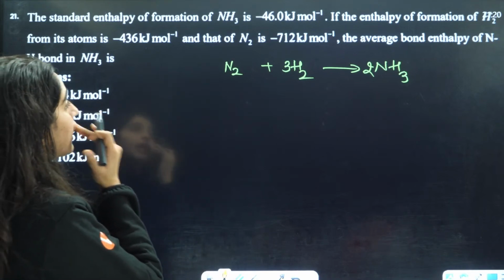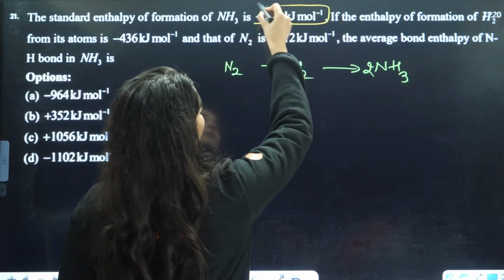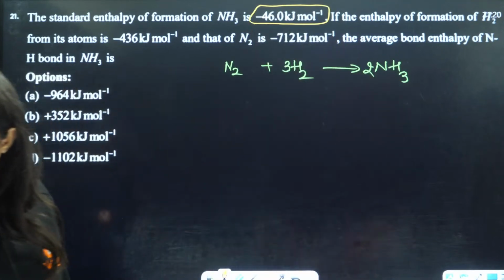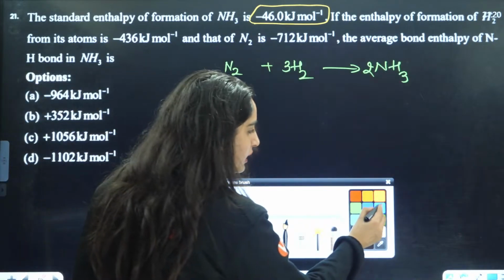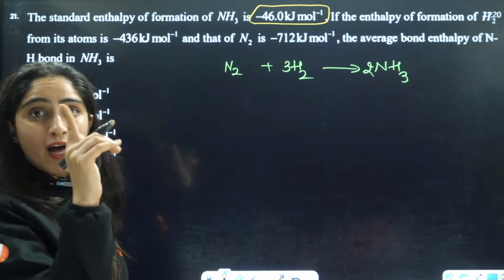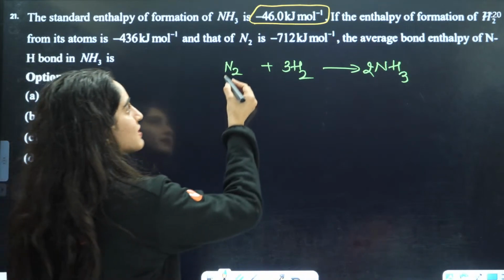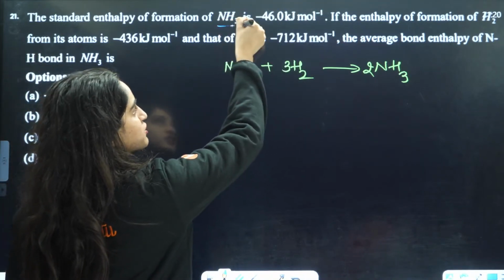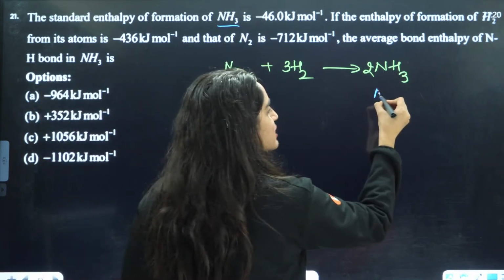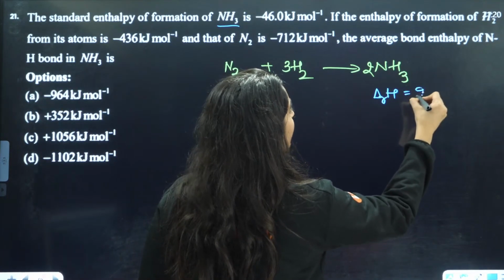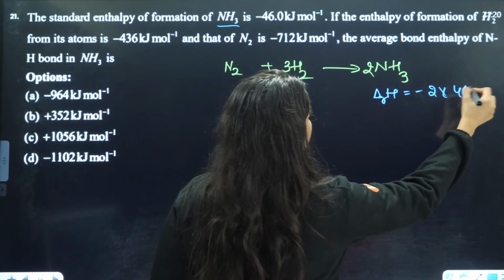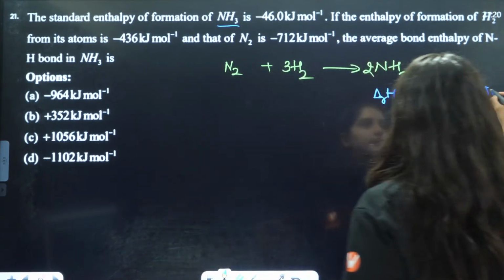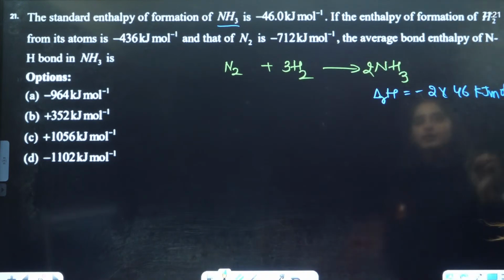If the standard enthalpy of formation of one NH3 is this, for formation of two NH3 it will be double of that. In this reaction you are not making 1 mole, you are making 2 moles. So delta H of this reaction is going to be double of this, that is minus 2 into 46 kilojoule per mole, right?